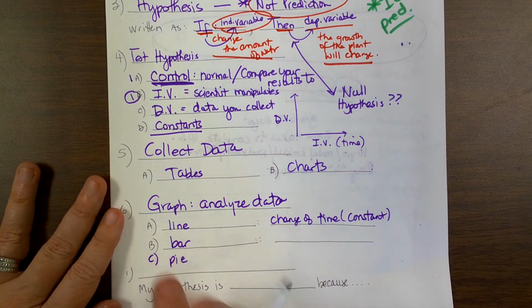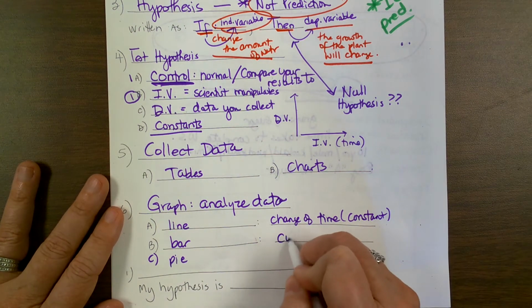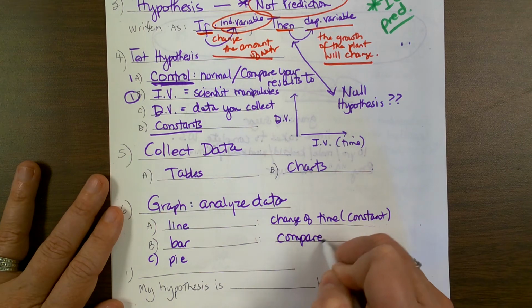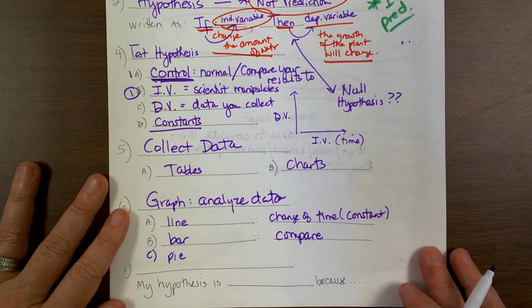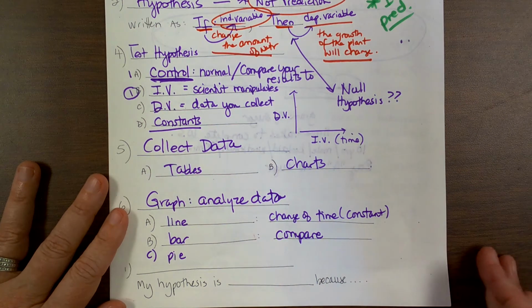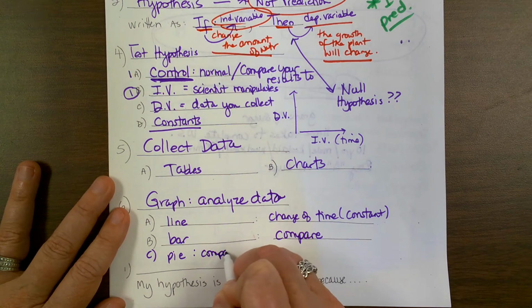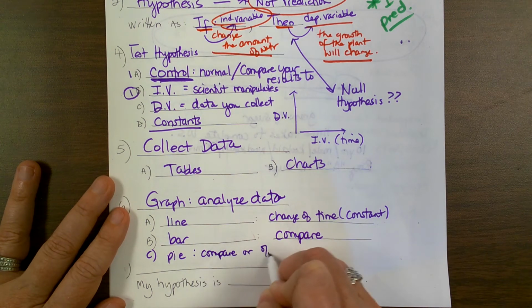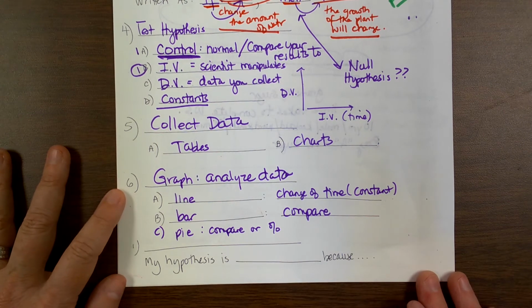But you want to show a linear change over time. And then your bar graph is for comparisons. Usually they're averages or estimates or totals, not changing over time. Pie is to compare percentages, okay? And we talked all about how to find those angles and those types of things.